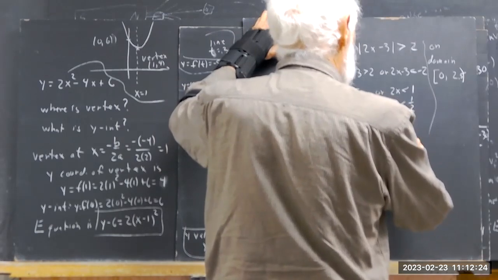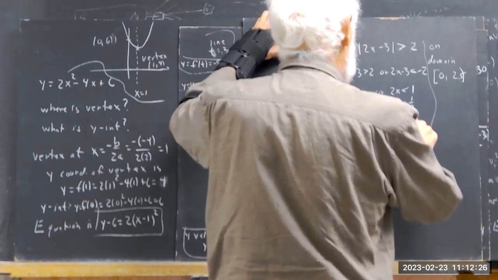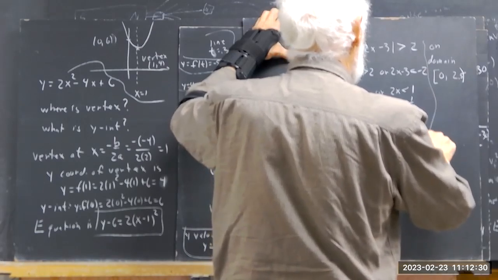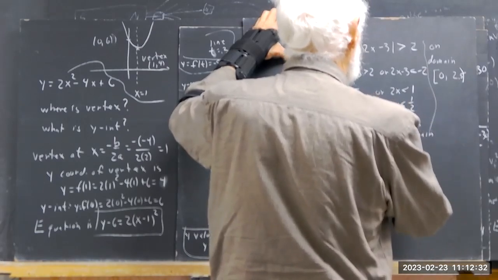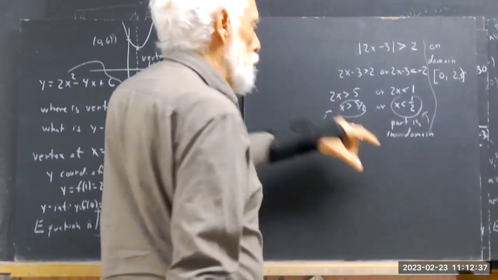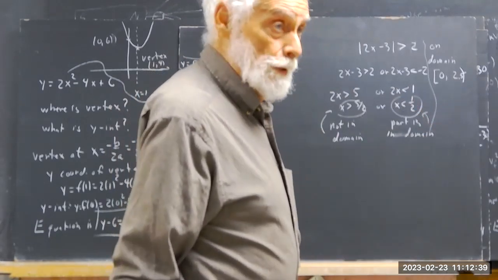And part of this is in the domain, the part from 0 to 1 half. Okay.